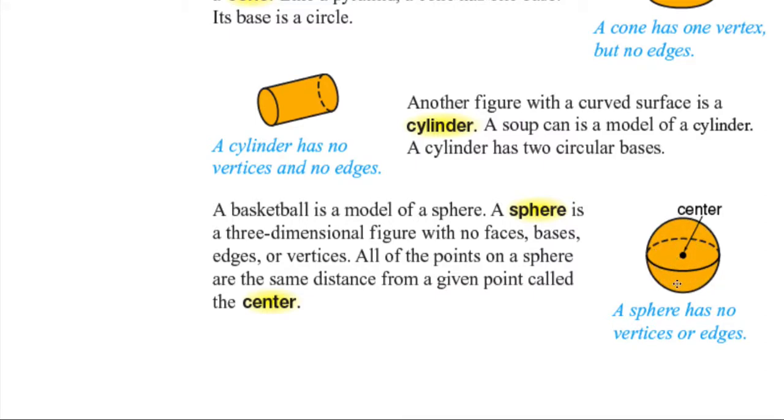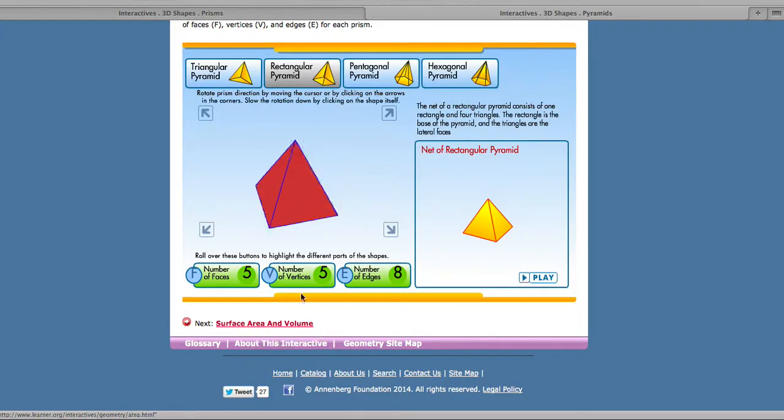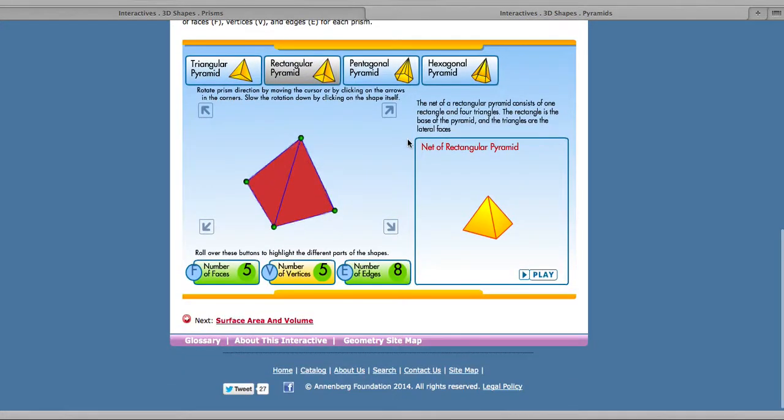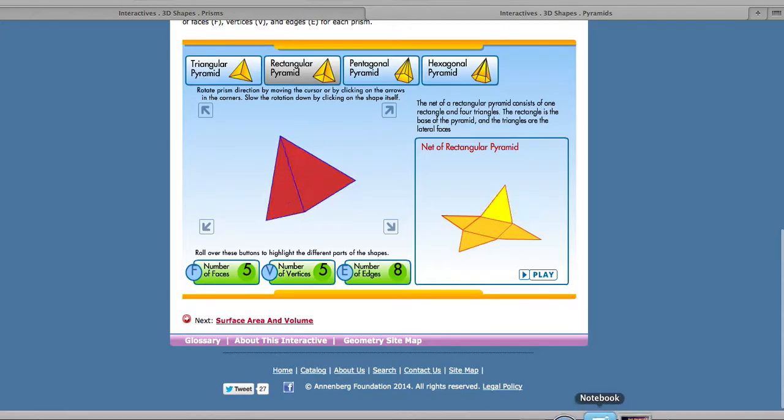So all the points on the sphere have the same distance, okay, to the center. So a sphere has no vertices, nor does it have edges. And let's see if I can show you a sphere in this example right here. Nope, not this one. Okay, so we'll leave it at that for now.